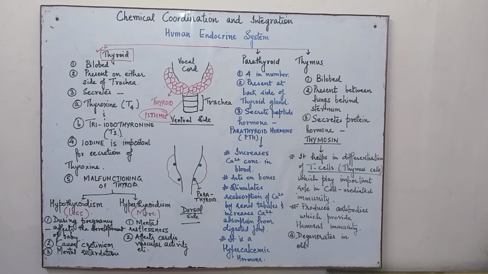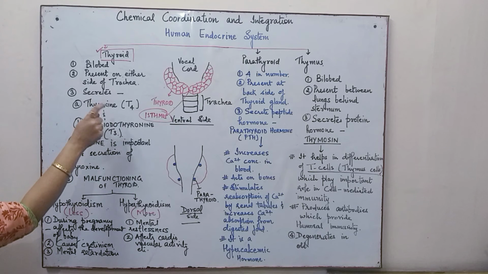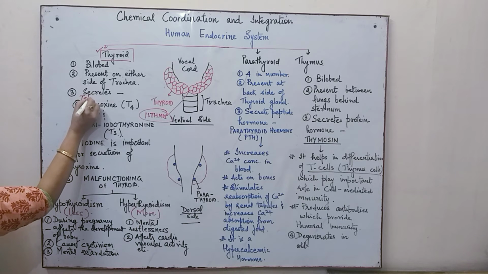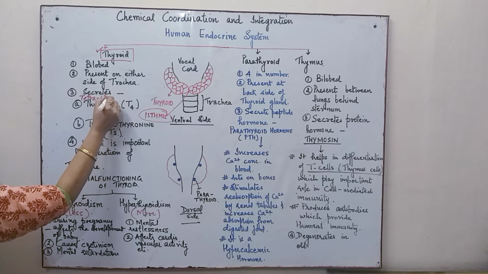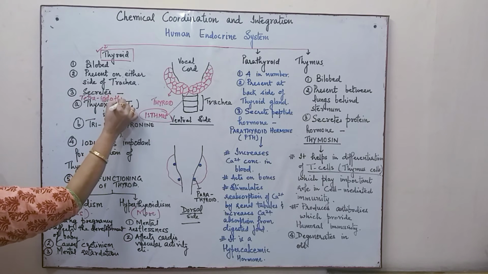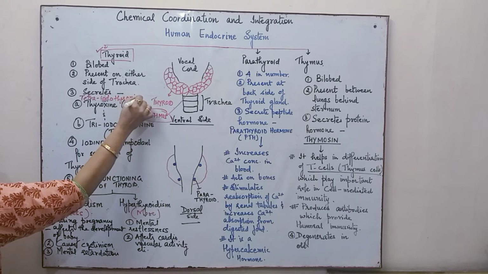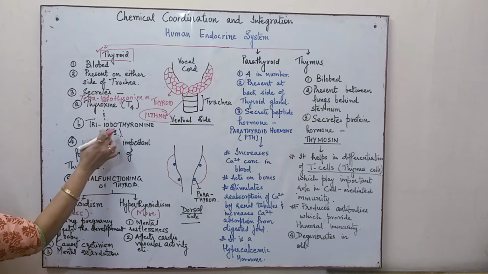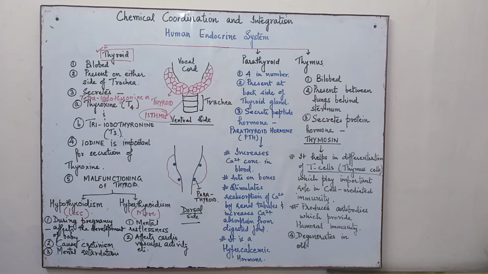Now the thyroid gland produces two important hormones: the thyroxine hormone, or T4 hormone, also known as tetraiodothyronine, and the triiodothyronine, or T3 hormone.